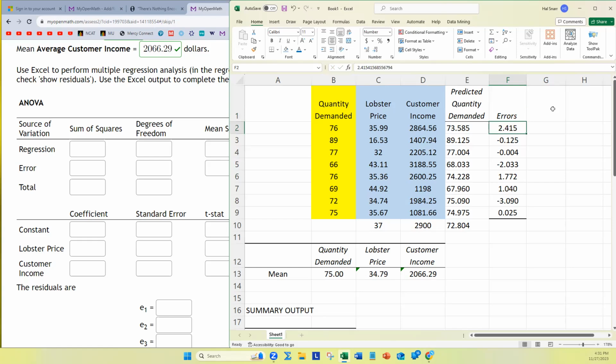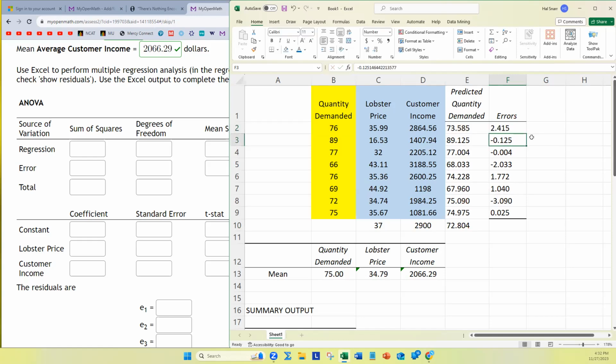All you do is you take your observed value, what we observed in reality, minus what our model predicts for that price and customer income. All you do is just subtract the two.